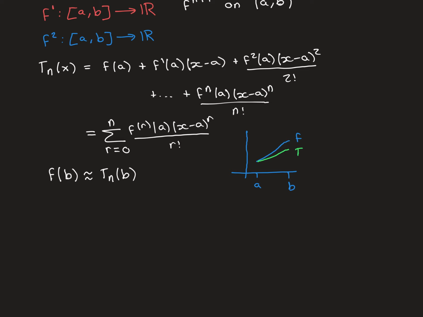So all of this vanishes and you've just got f of a. So the value of the Taylor polynomial at a is the value of the function at a. So they agree there, they're absolutely in agreement there.